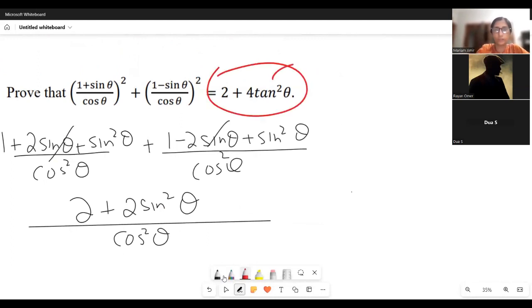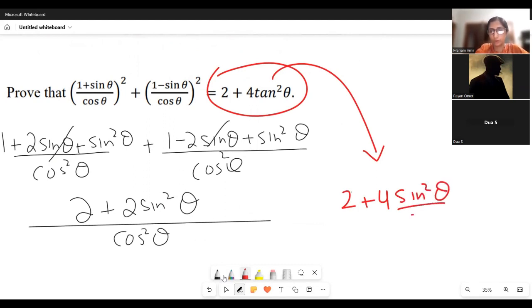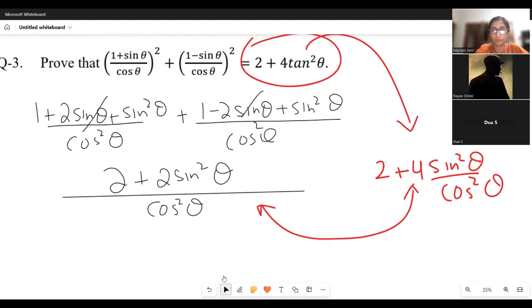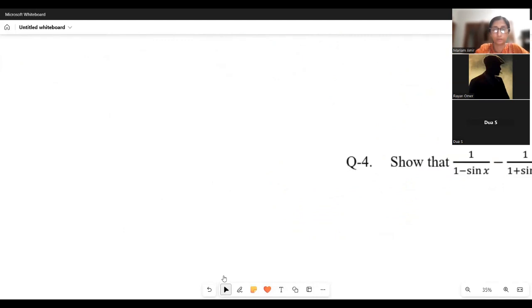So this would be 2 plus 4 sine square theta over cos square theta. So how are these two equal? They're not even close. So some expression has gone wrong somewhere, or something.